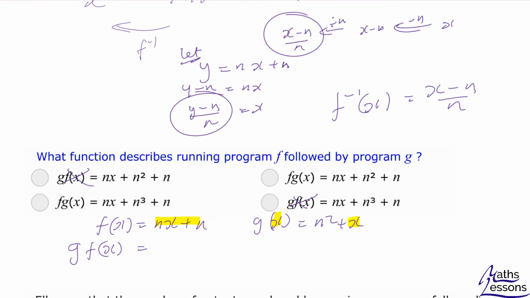So what we get is n squared plus x, which is nx plus n from the f. Okay, so I've taken that, put it in where the x is, I get that. And we can see straight away that we've got n squared plus nx plus n is this one here.